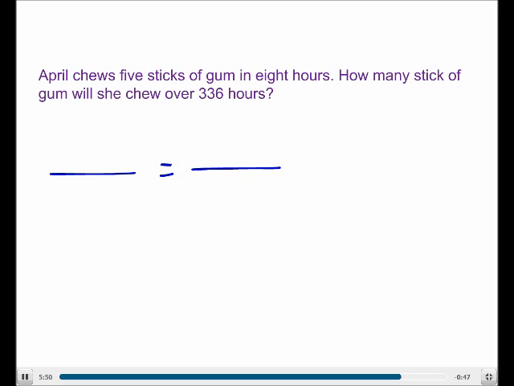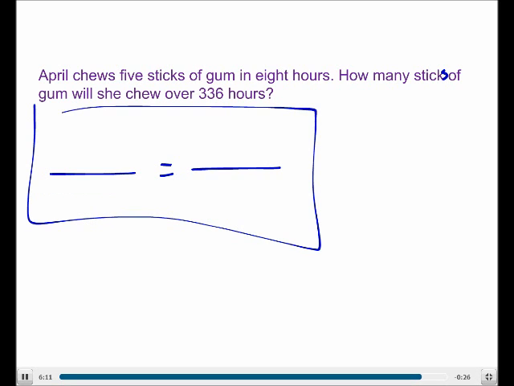So April chews 5 sticks of gum in 8 hours. How many sticks of gum will she chew over 336 hours? Make sure that you label this correctly, not just put in the numbers, but label it using this proportion setup, and show me how you actually did your work.